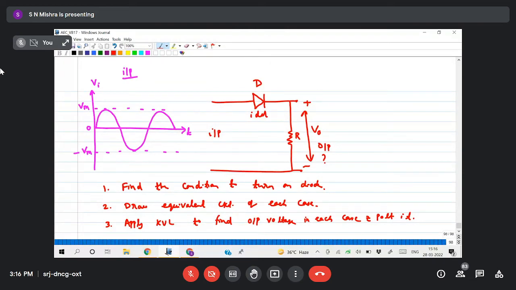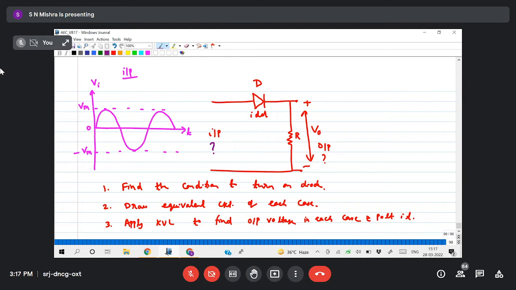So first step, find the condition. Can you tell me what is the condition when the diode is on in this case? What do I give here so that my diode is on? Positive half cycle or negative half cycle, or Vi is 5 or minus 5 or any value?